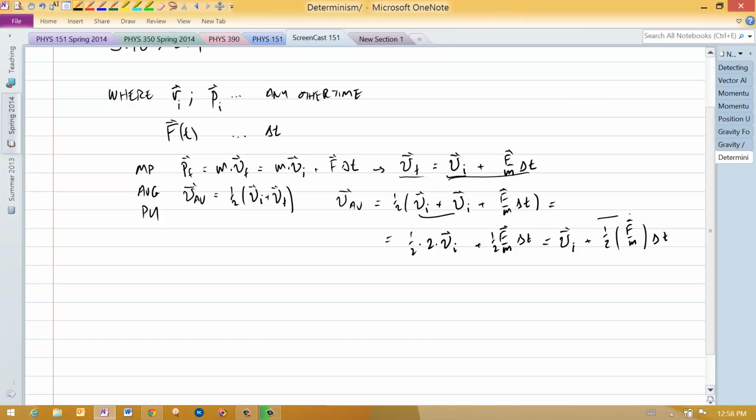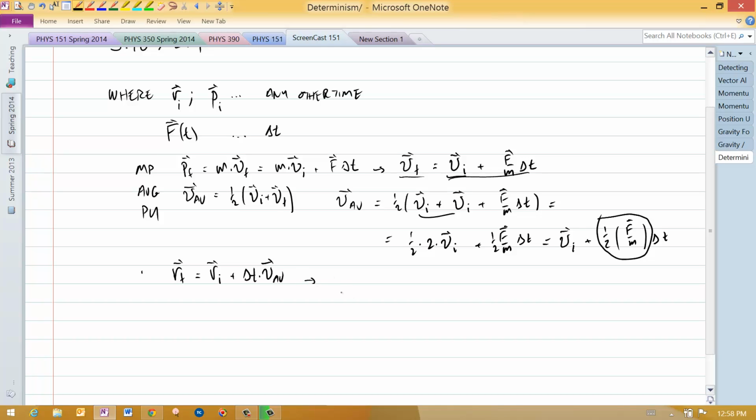So this quantity here, as long as I can figure out what it is, I can tell you how the velocity changes. This is something like a velocity update idea. And then the position update tells me that r final is equal to r initial plus delta t times v average. Those are all exact expressions as long as the force isn't changing too much.